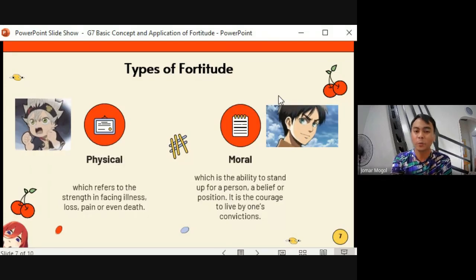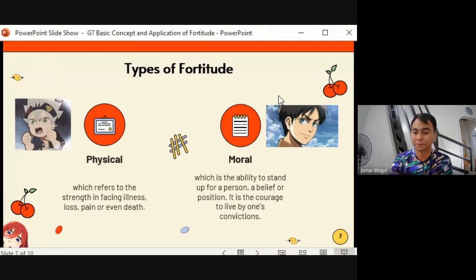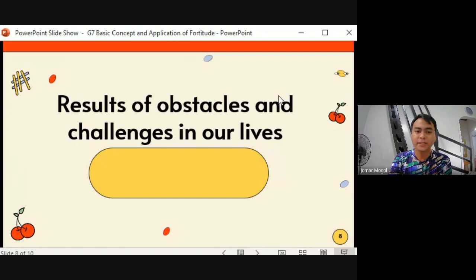Okay? Then I hope you fully understand the types of fortitude and what it means to have the virtue of fortitude in our life. As a Filipino, yes, we are resilient, and I know there's this fortitude inside us na kinakailangan lang nating gisingin. So there's also this result of obstacles and challenges in our lives. It's not always positive. Okay?